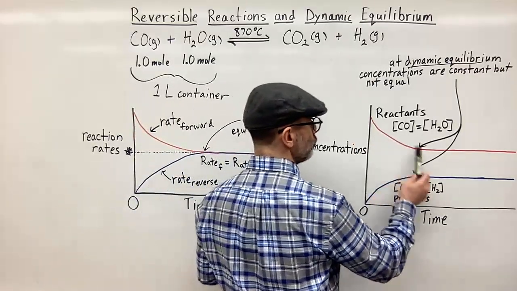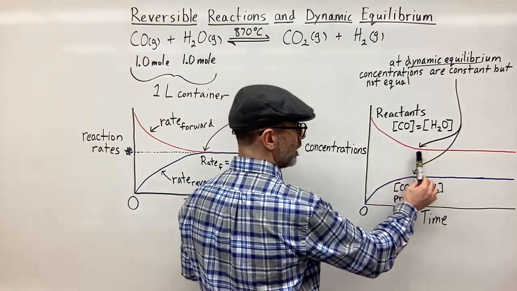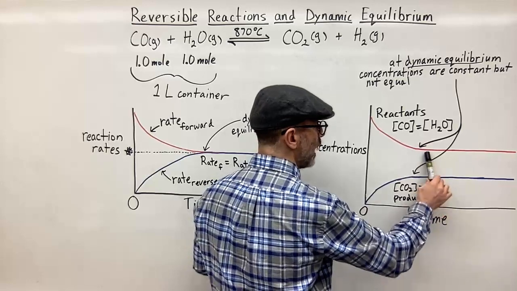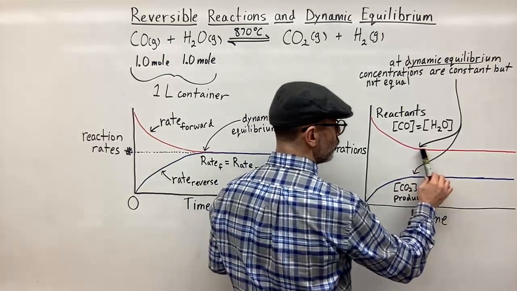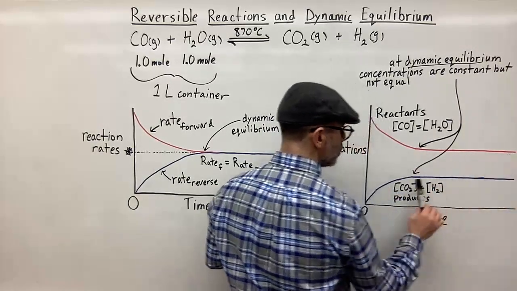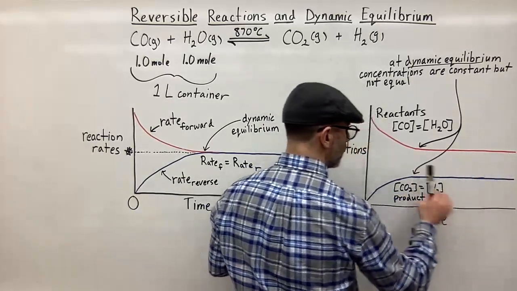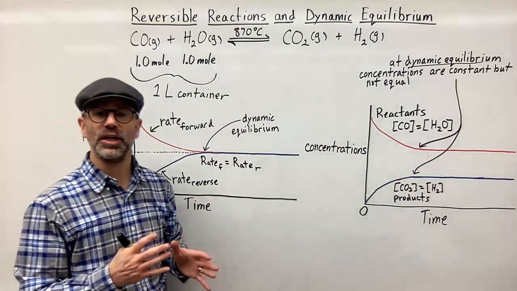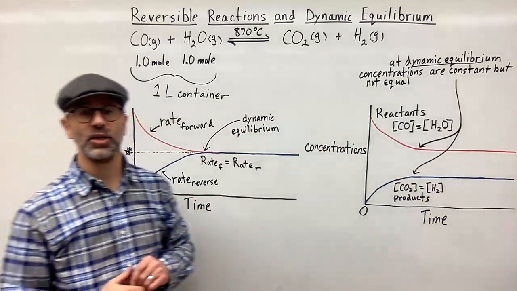But what we do know is that at dynamic equilibrium, the concentrations do not change. So they reach a steady state, if you will. They're flatlined here. And that is dynamic equilibrium. That's what's going on with dynamic equilibrium.